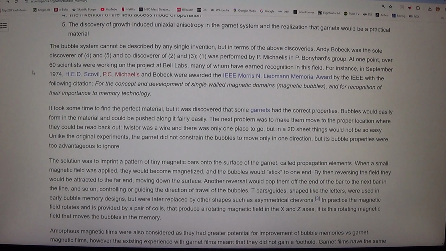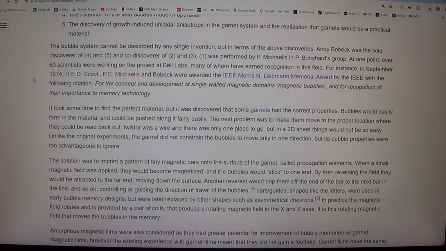Andy Bobeck was the sole discoverer of 4 and 5, and co-discoverer of 2 and 3. 1 was performed by P. Michaelis in P. Bonnemard's group. At one point, over 60 scientists were working on the project at Bell Labs, many of whom have earned recognition in this field.